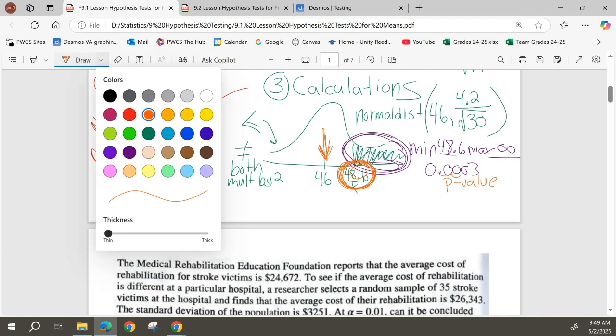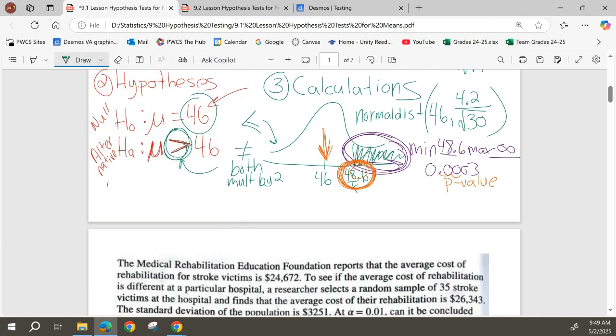So we have a decision to make. That's our step 4. I'll say we have a choice to make. We compare our p-value to this alpha value that we're given in the problem of 0.05. And our p-value is 0.0003.